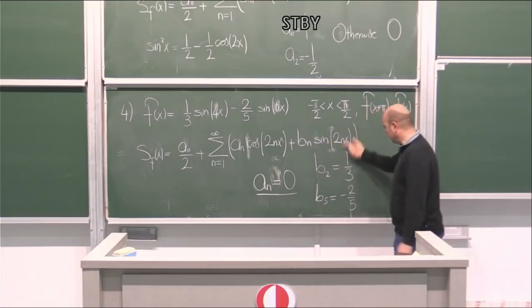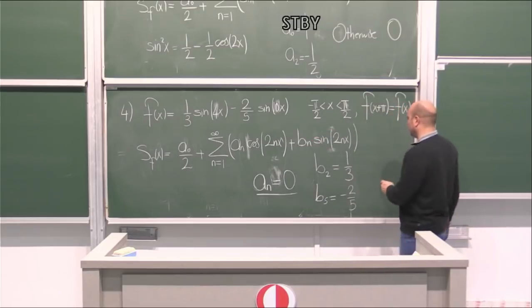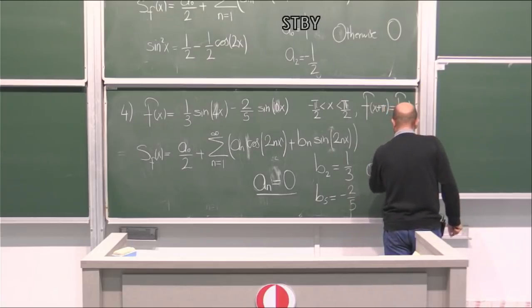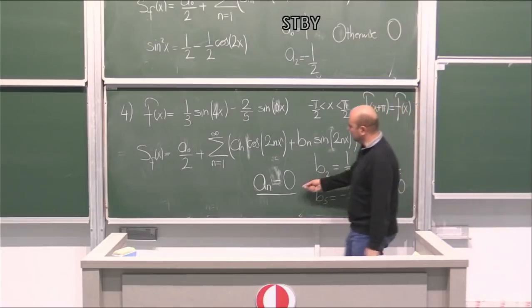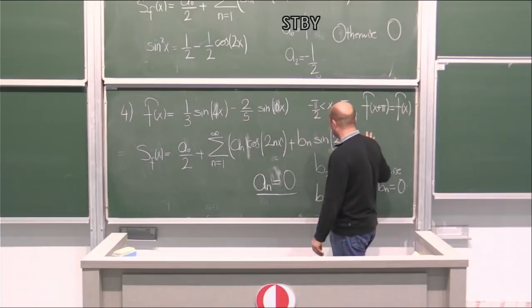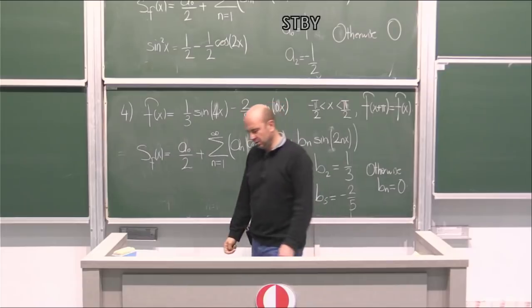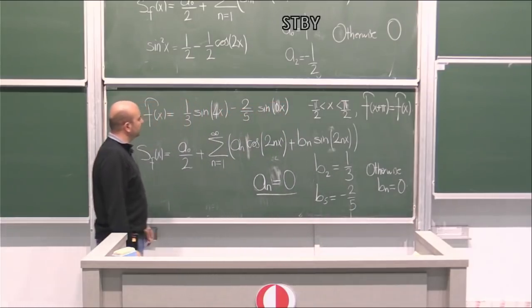The rest must automatically be 0, otherwise b n is 0. If you write it this way, then this expansion will automatically give you this expansion, so you will be able to find the Fourier series of the given function.